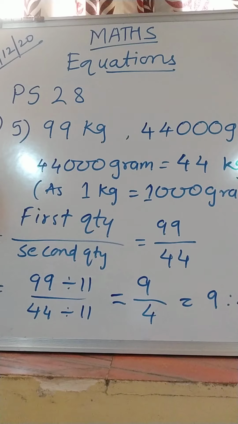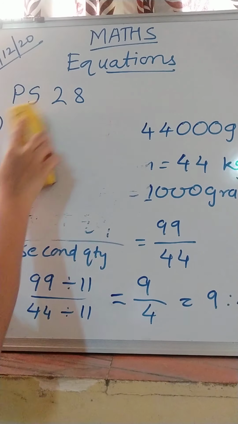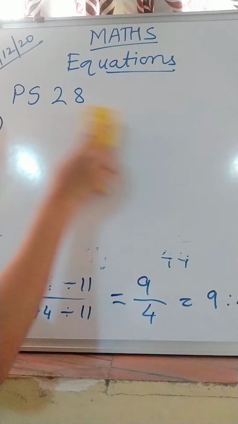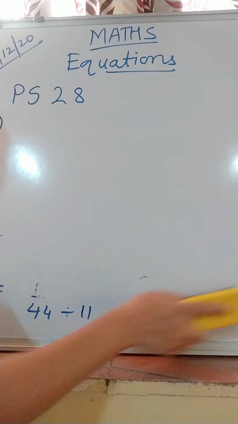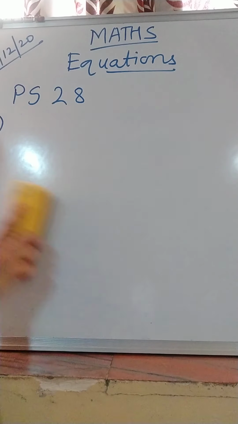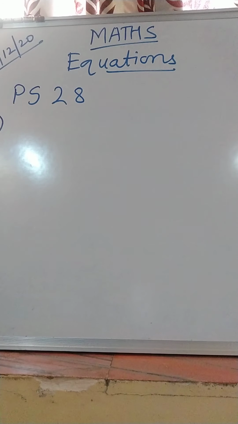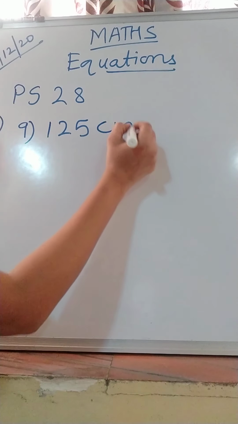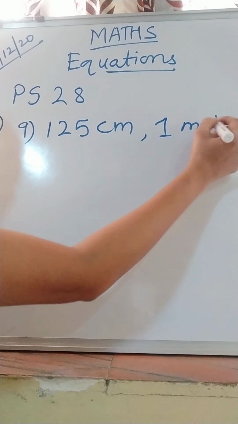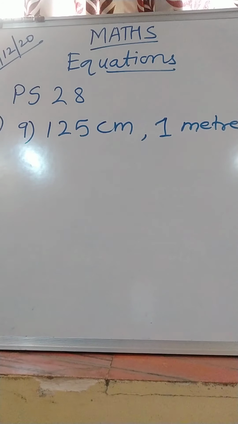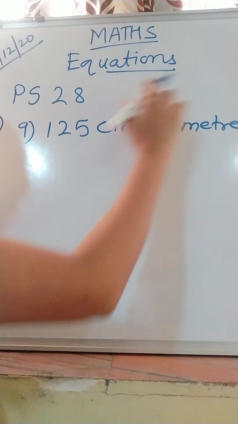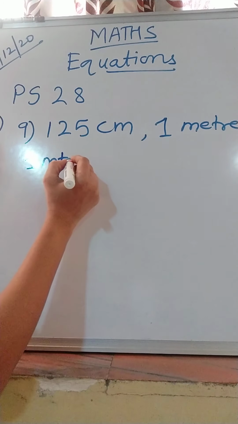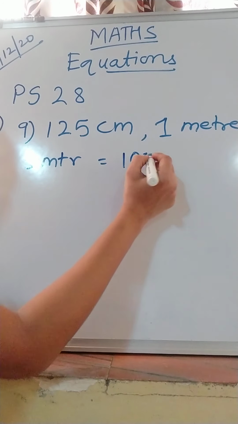the ninth one, that is 125 centimeter and 1 meter. Okay. Now in this case you convert this 1 meter into centimeter. So 1 meter is equal to 100 centimeter.